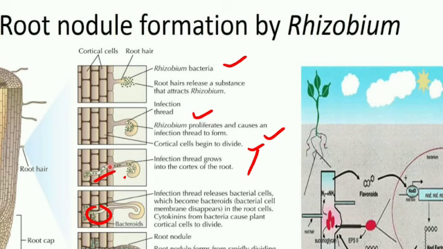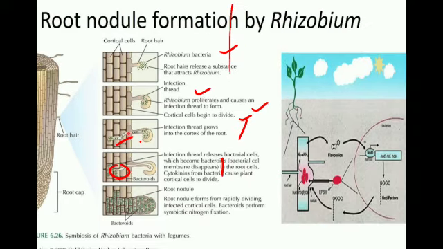That means cortical cells start dividing at a faster rate compared to before. Next, what happens? Due to the increase in bacterial cell number, or the increase in the bacteroids in the cortical cells, a root nodule is formed.